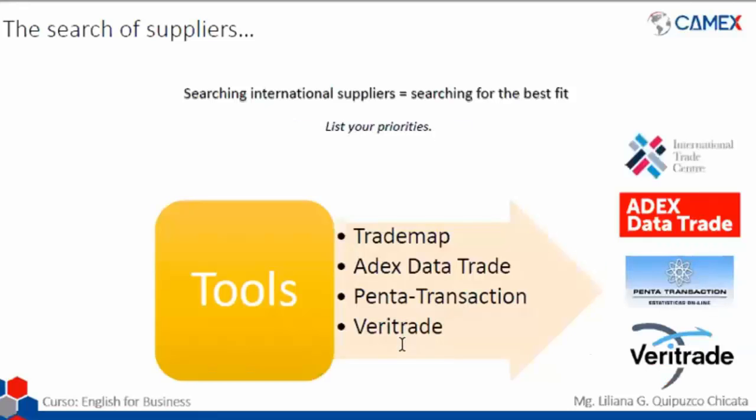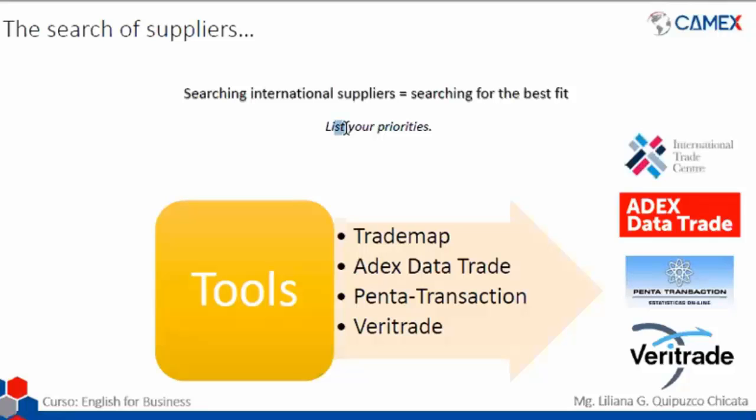Okay, so now we're going to see the tools. In this case, first of all, I must say that you have to list your priorities. If you think that the best for you is price and delivery time over quality, you will pick the one that has the best price and the best delivery time, and quality will be third in line.